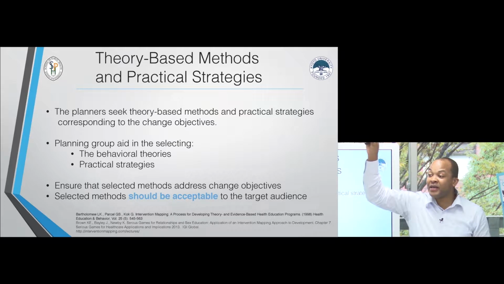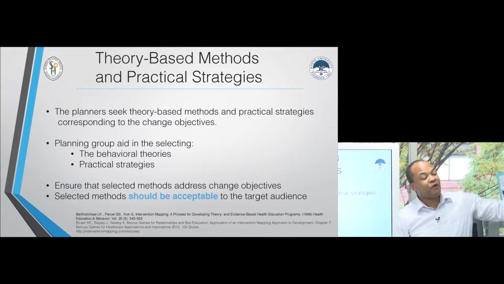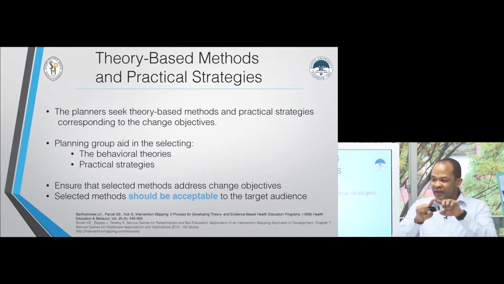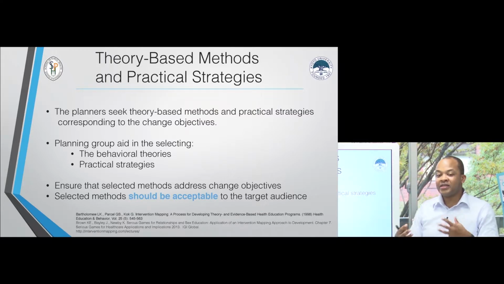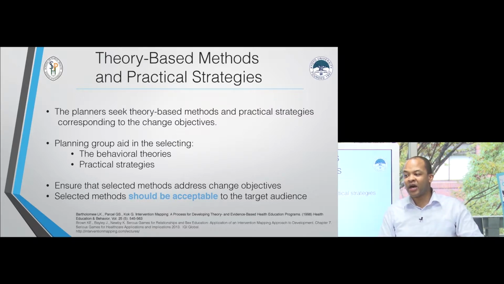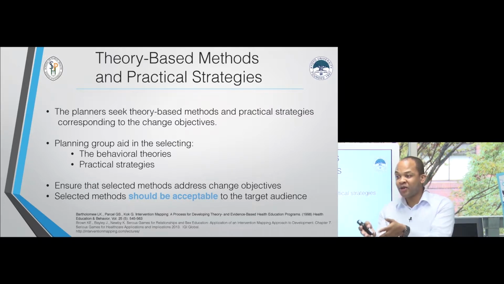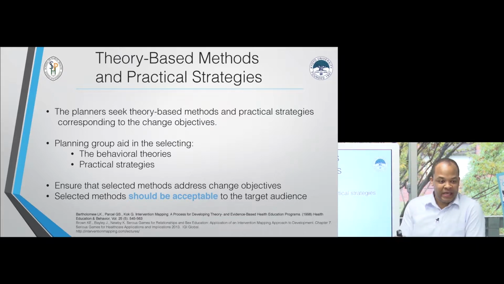Because you have a determinant of the change, you have the performance of the objective, then you have the change objective. So you want a theory that will address directly the change objective. This is what helps you to actually narrow down the theories and get to one theory that best suits what you want to do.